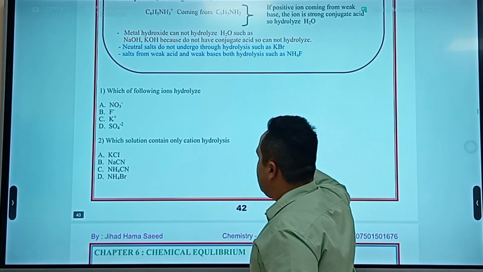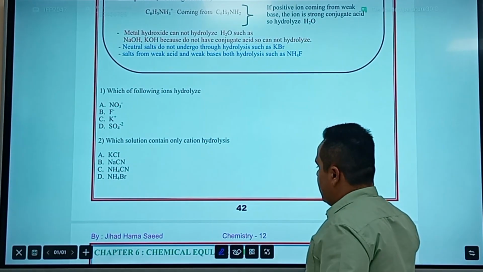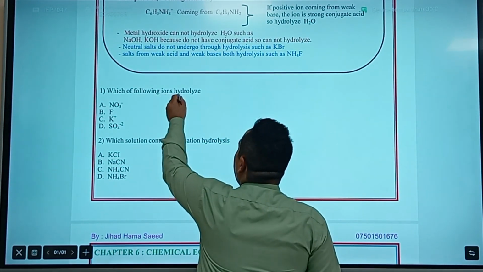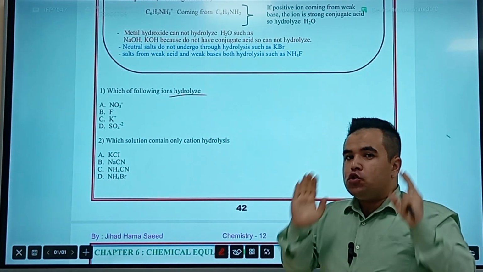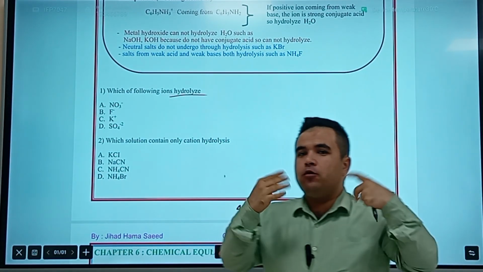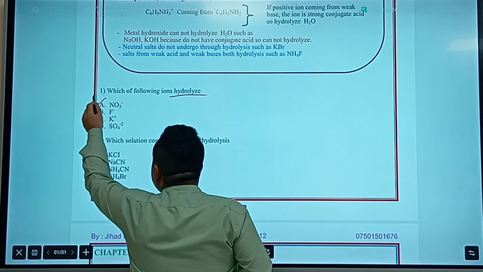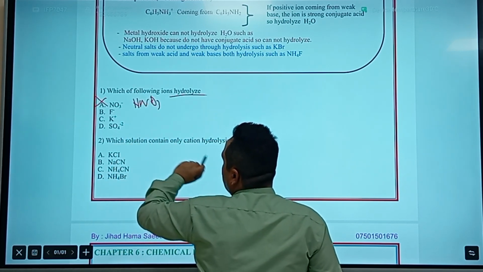Let us answer the following questions, guys. Which of the following ions hydrolyze? You have to choose an ion of a strong conjugate acid or strong conjugate base from weak acids and weak bases. This is not, because it is obtained from HNO3, a strong acid.